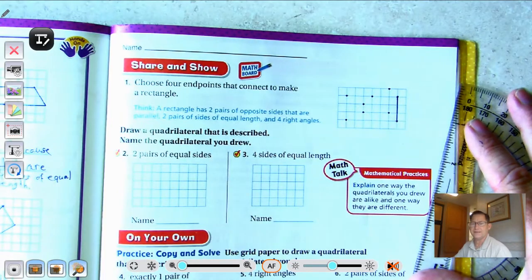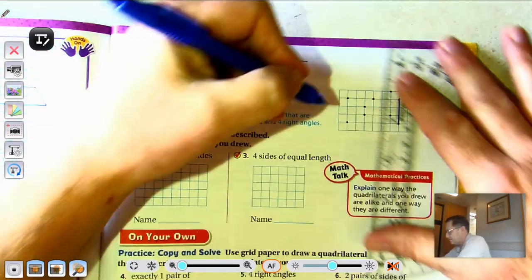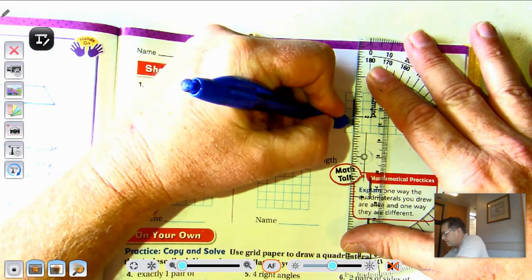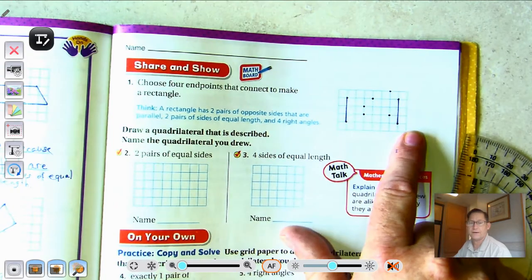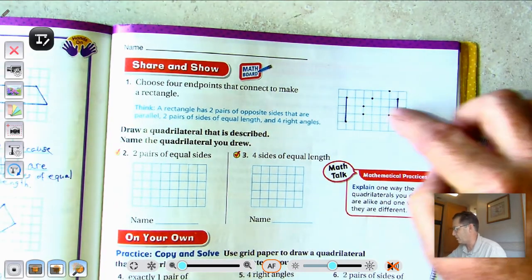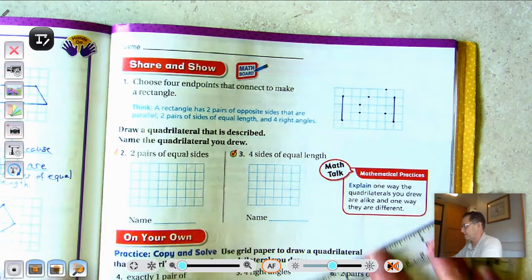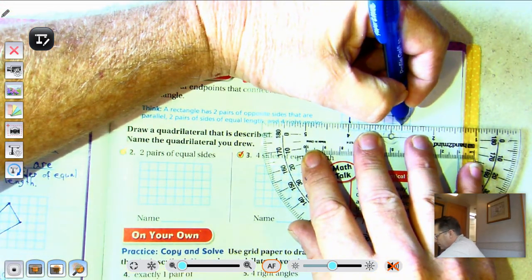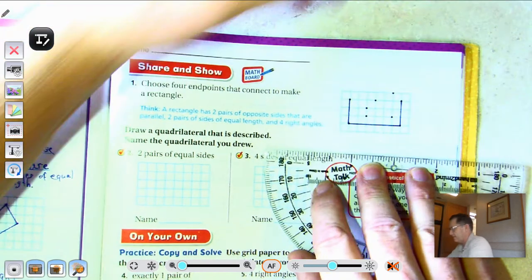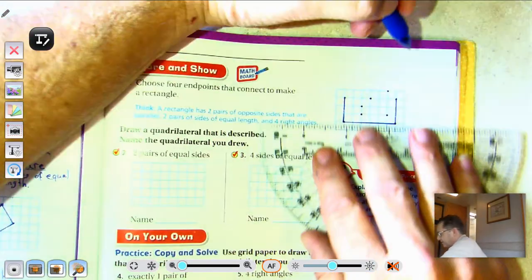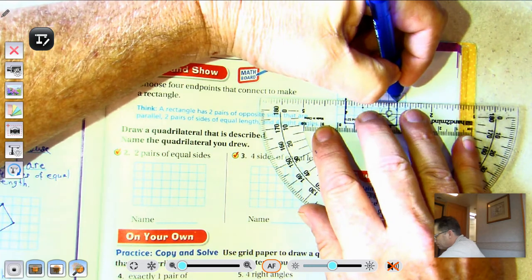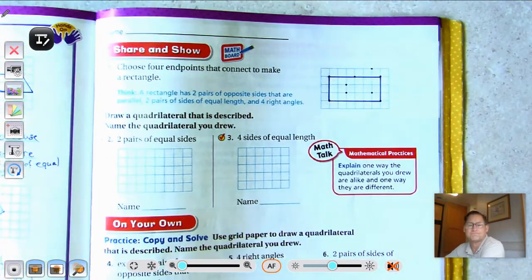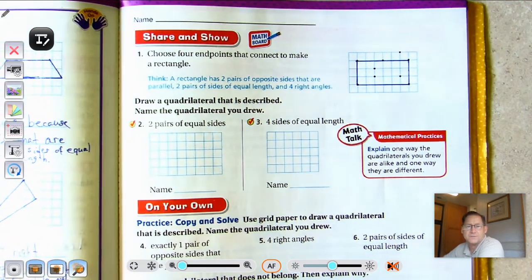So there, and then its opposite side should be of equal length, and they are, right? 1, 2, 3 squares, 1, 2, 3 squares, and connect the bottom 2 endpoints, and the top should match it. Okay. So that makes a rectangle.